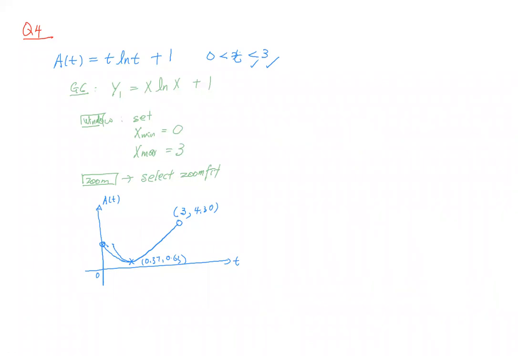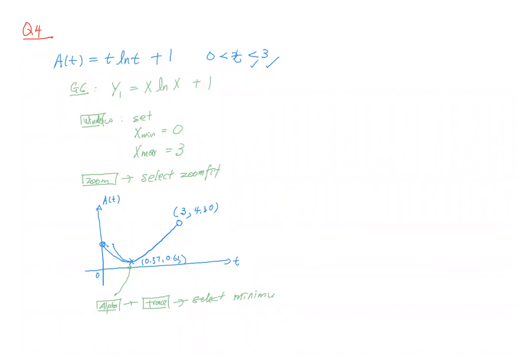Miss, how do you get 0.37? Okay, in order to get the lower point, remember, you put alpha, trace, select minimum. Miss, it is second trace.